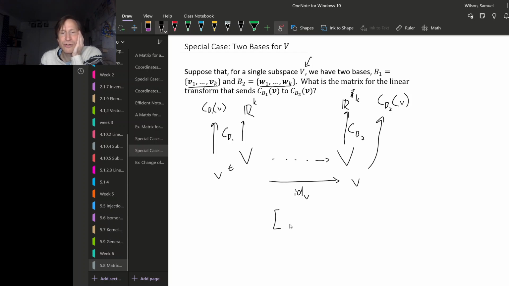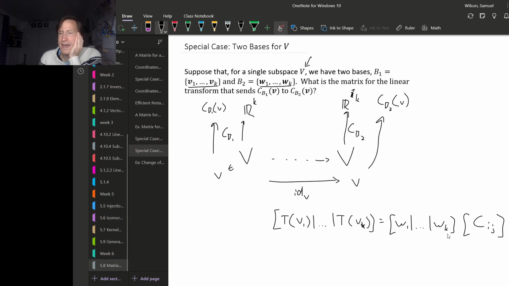We need to express the outputs of the transformation as linear combinations of your new basis. Like this. There's some matrix C_ij that does this, and that is the matrix that we're looking for.